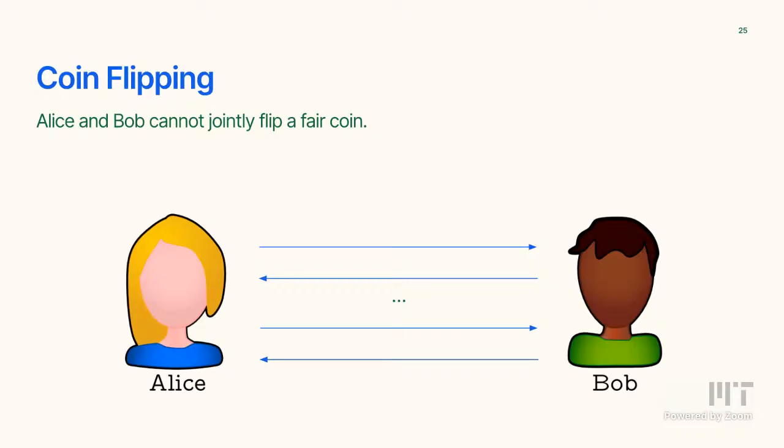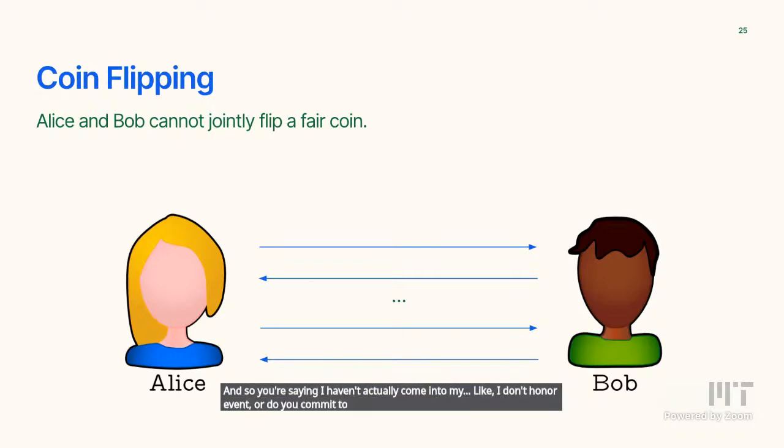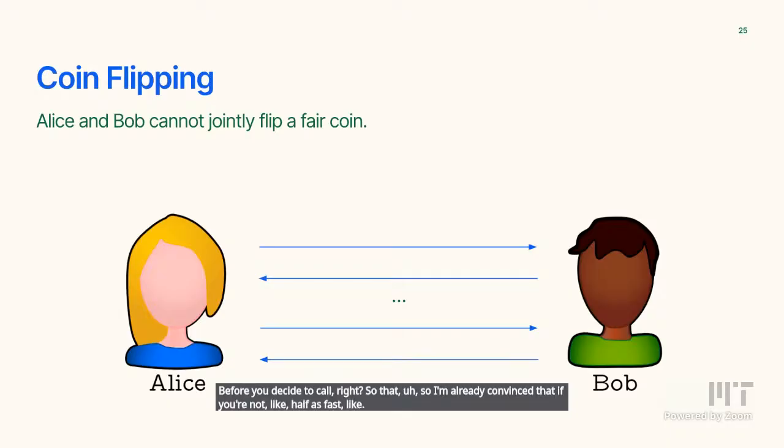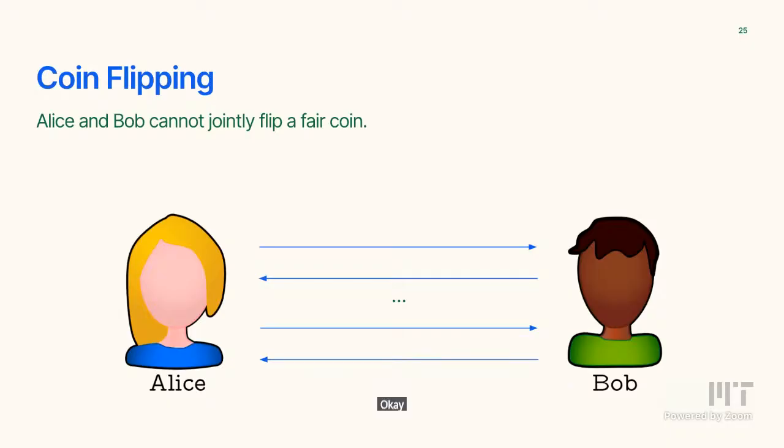So say that again. Fantastic. So you're saying I have to essentially commit to odd or even, or you commit to what order you need before you decide to vote, so that the other party can think that you're not deciding after the fact.